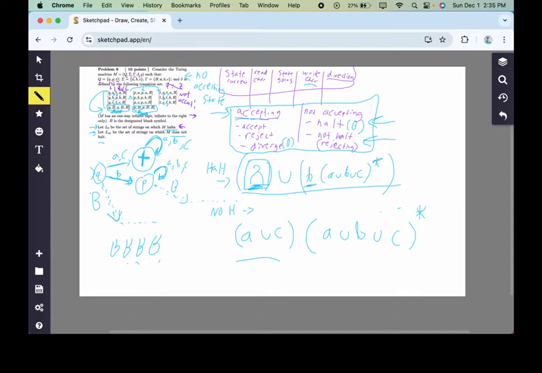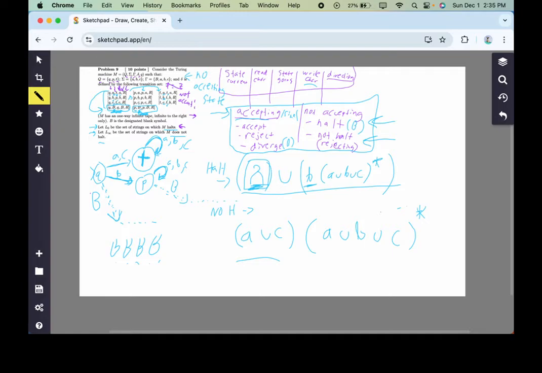That's what I mean by accepting / final. We'll go over some that do have that. If a final state is given, reaching that final state is considered accepting. Reaching a blank state is considered diverging. And reaching no state at all, or getting stuck in an infinite loop, that's rejecting.